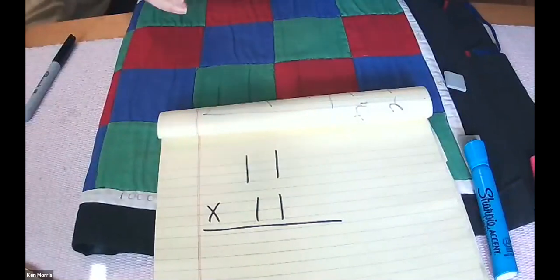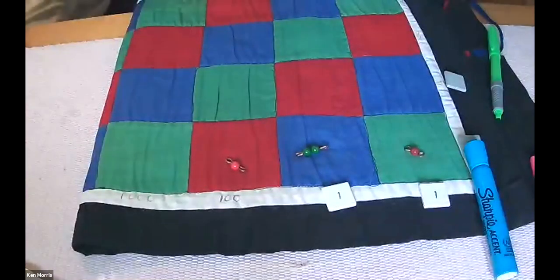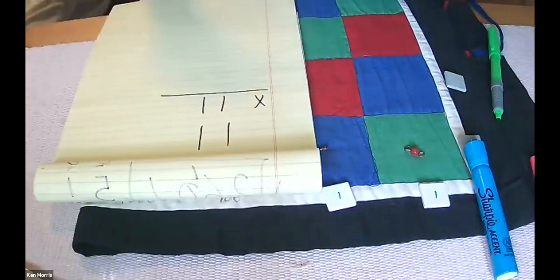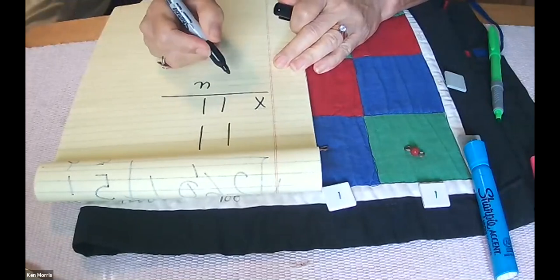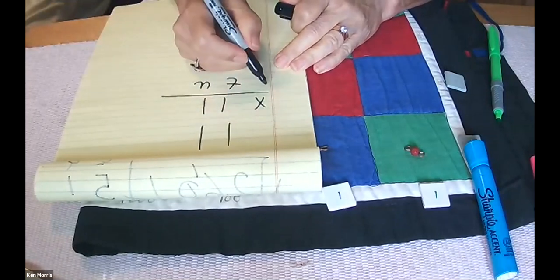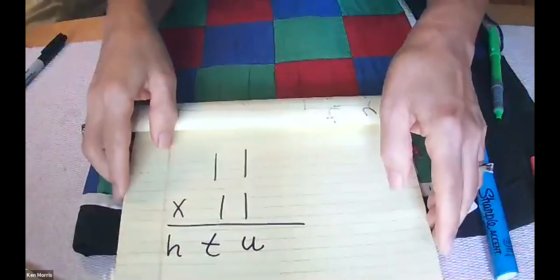Let's go ahead and write under here. This is going to be my units. This is going to be my tens, and these are going to be my hundreds. Okay?